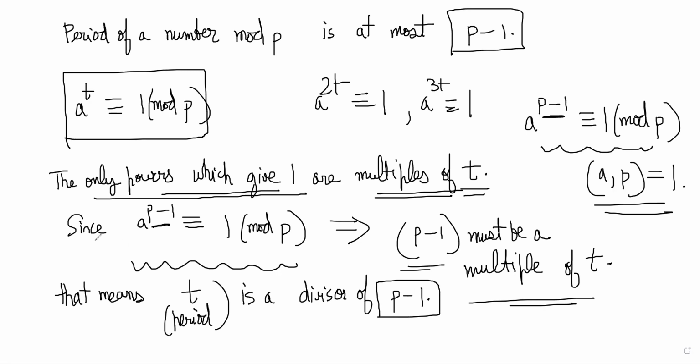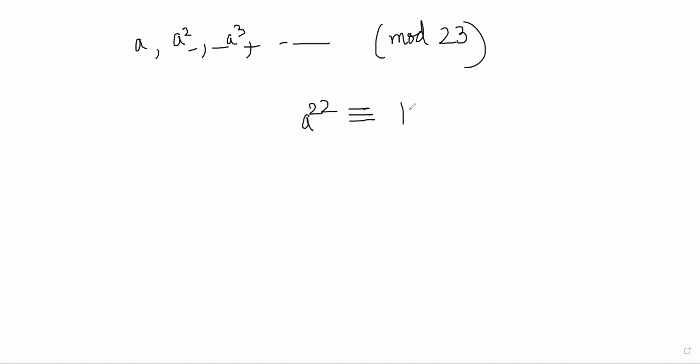Which is very nice because it gives us a strict limit on what the possible periods are. For example, if you look at powers of a, a square, a cube and so on, mod 23, where 23 is a prime, we know that a power 22 is congruent to 1 mod 23, as long as a and 23 are coprime.